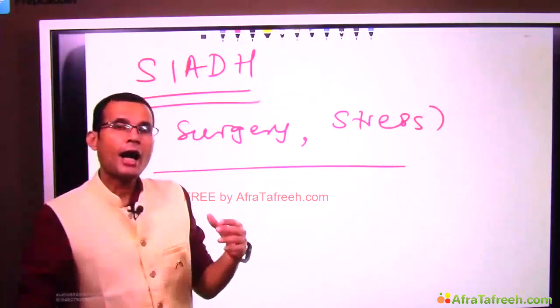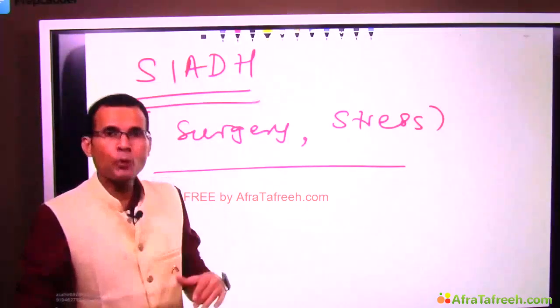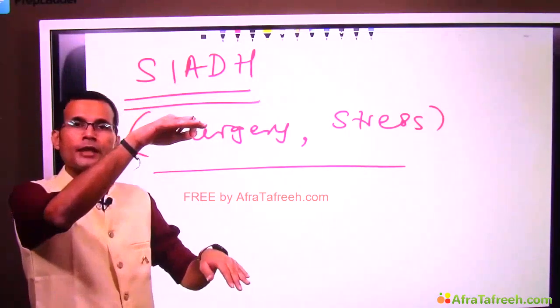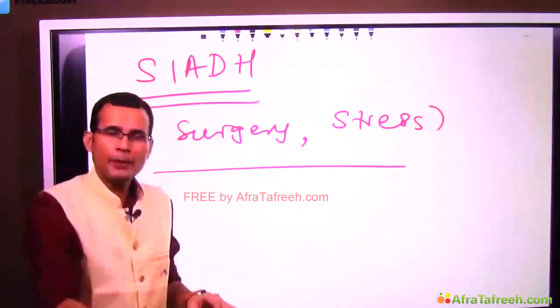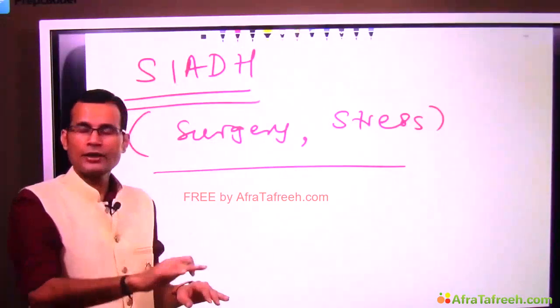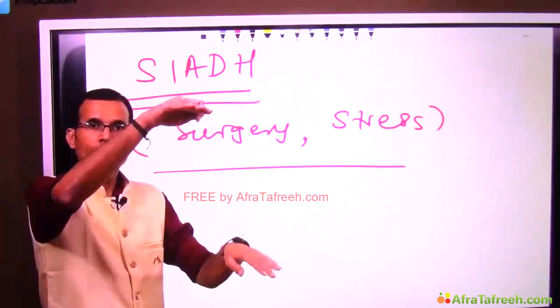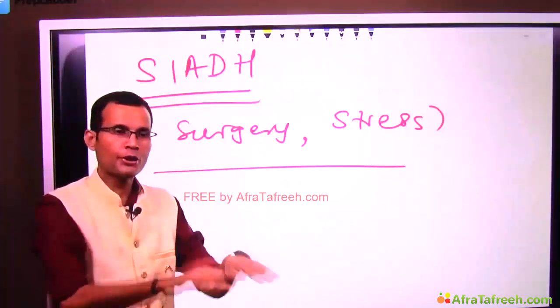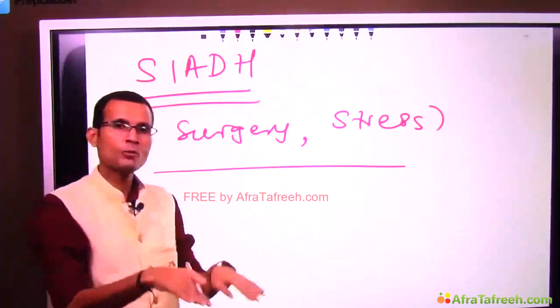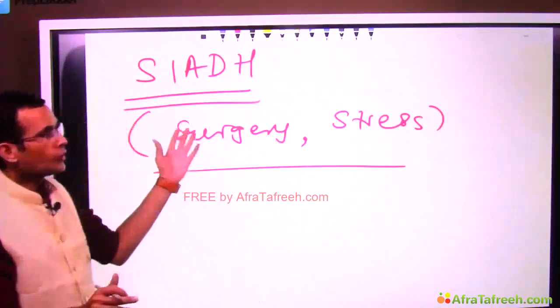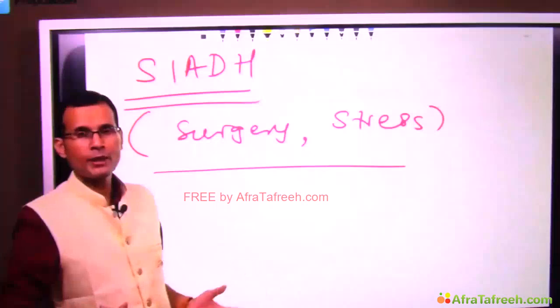If plasma is hypotonic, meaning less sodium, more water, then ADH secretion will be suppressed, so there will be diuresis and water will be lost out of the body, and then ECF becomes normotonic. So the job of the ADH is to control the osmolarity of the ECF and the plasma.